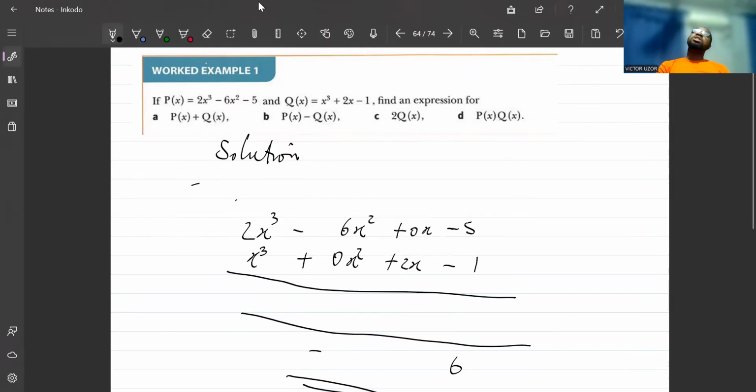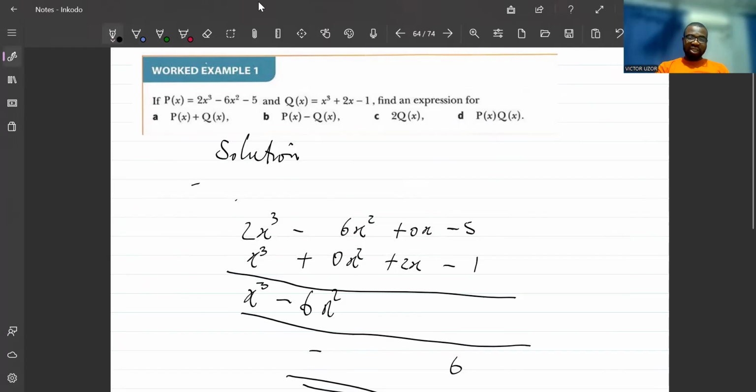So 2x cubed subtracted by x cubed will give me just x cubed. So in this case now, negative 6x squared minus 0x squared will still give you negative 6x squared.